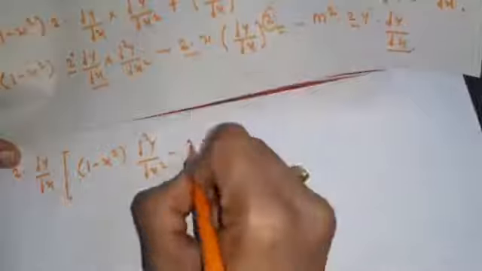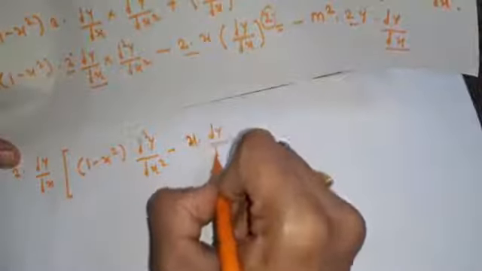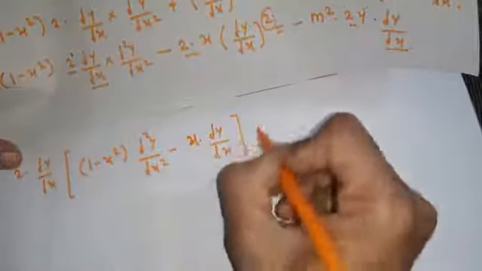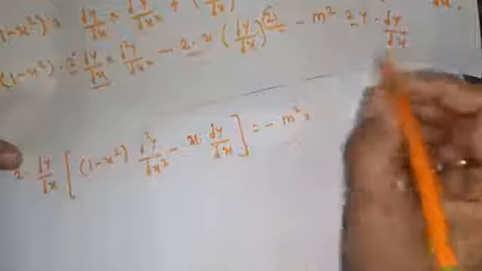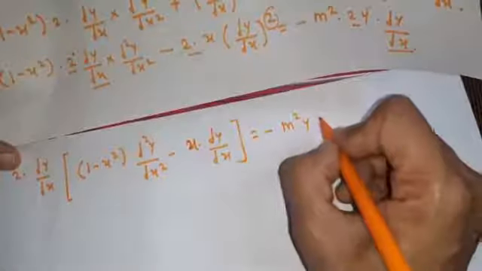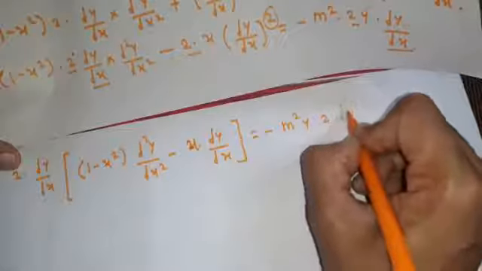Here remaining x is there, x, and the dy by dx, and equal to minus m square y dy by into 2 dy by dx.